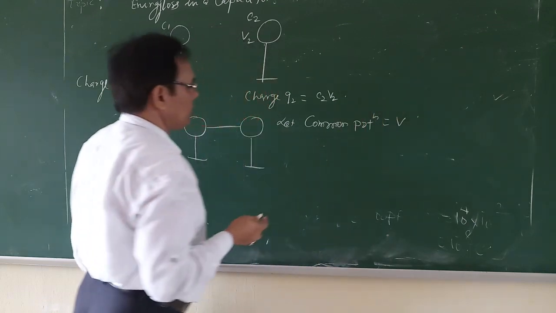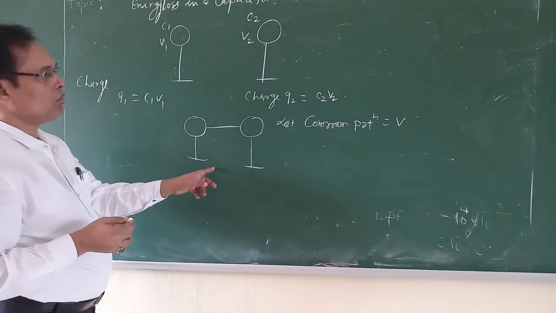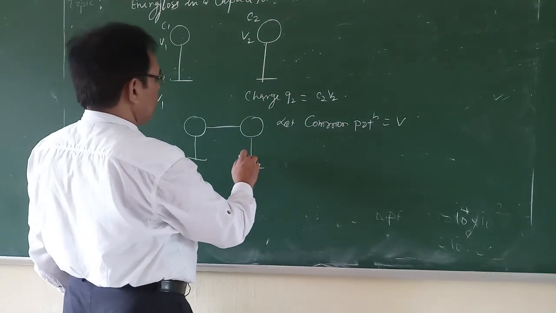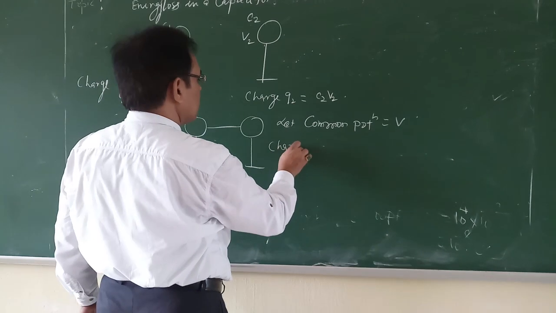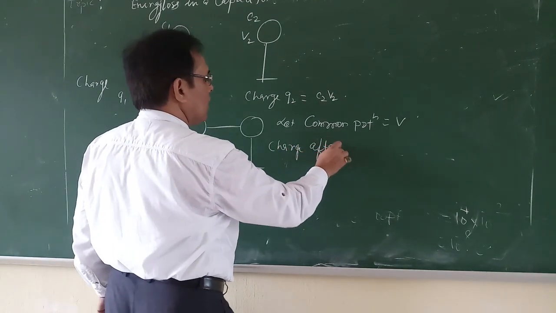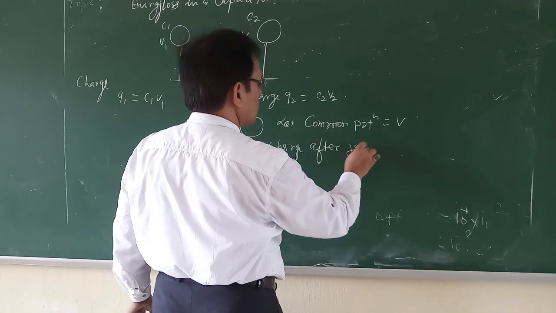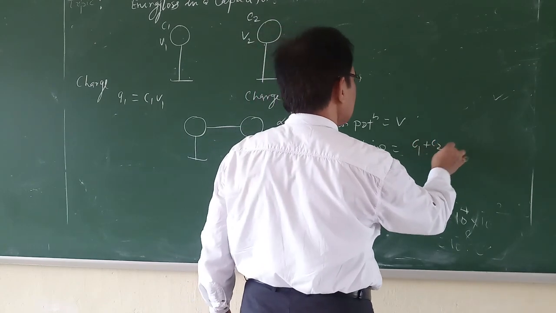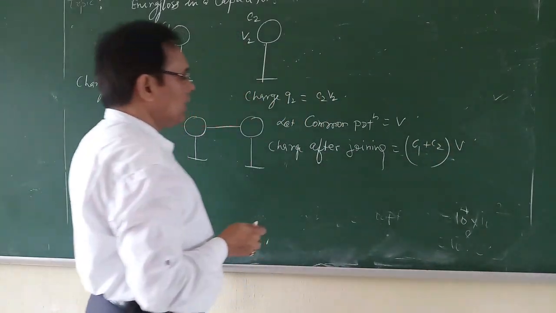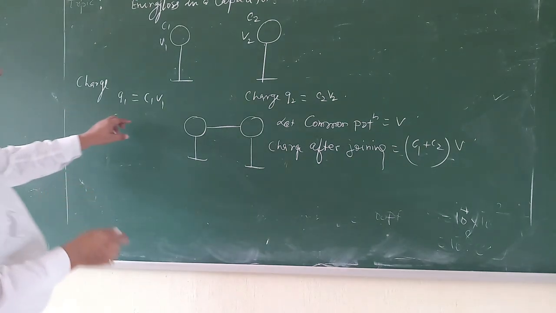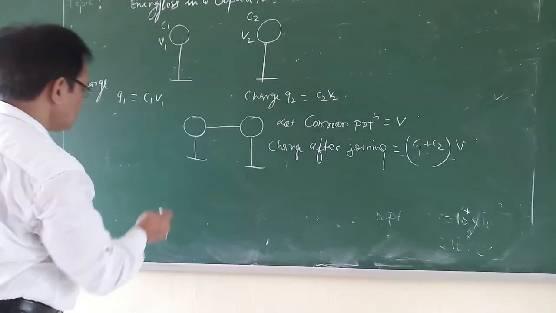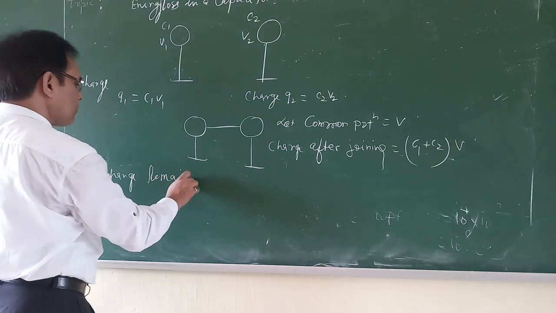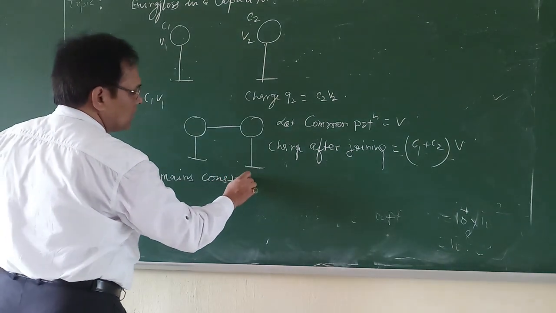So let the common potential be V, and during this process total charge remains constant. Charge after joining: total capacitance C1 plus C2 and V. This is the common potential. During this process, charge remains constant because it conserves the charge.